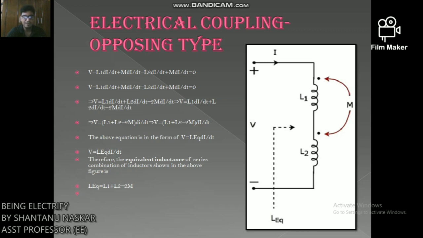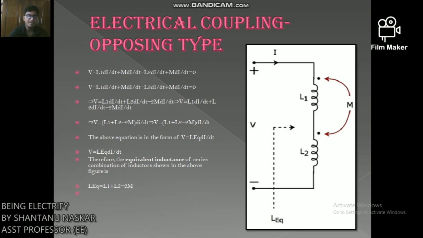Or we can write V equals L1 di by dt plus L2 di by dt minus 2M di by dt. We can also write V equals (L1 plus L2 minus 2M) di by dt. The above equation is in the form of V equals L equivalent di by dt.